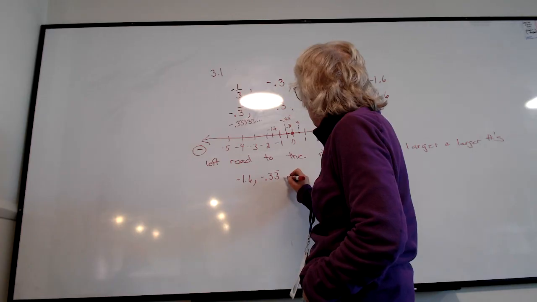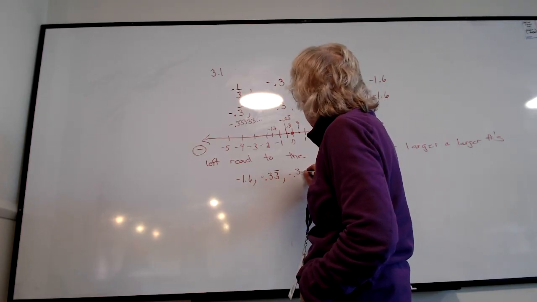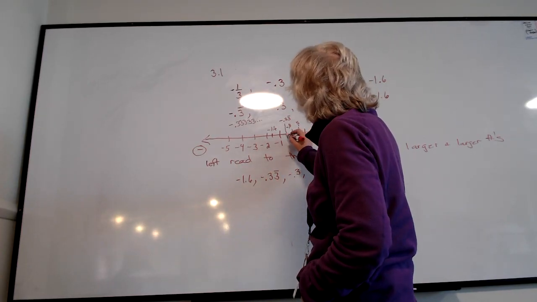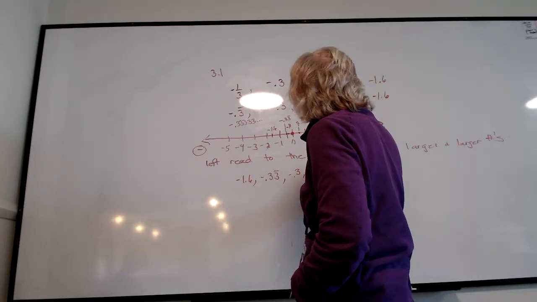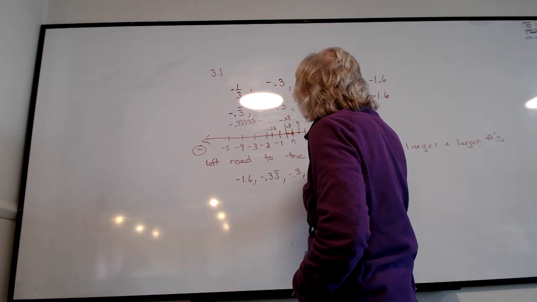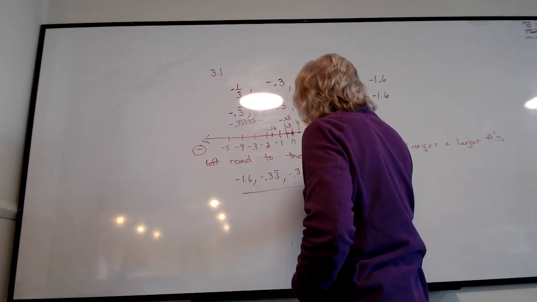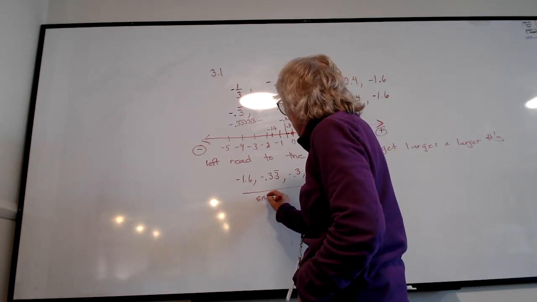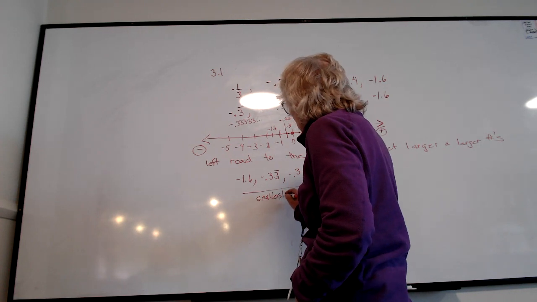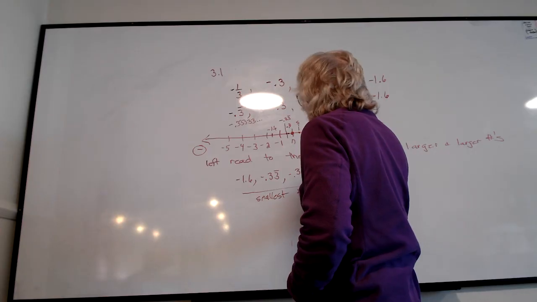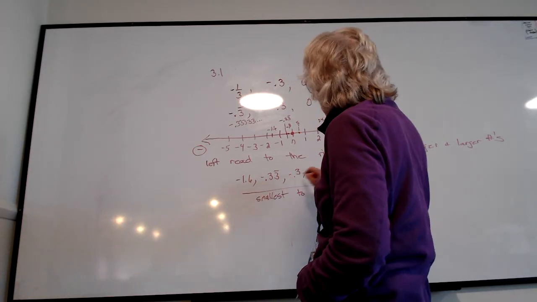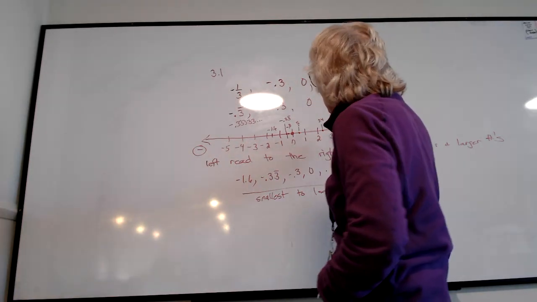So now if I were to write these from smallest to largest, it would be negative 1.6, negative 0.33, negative 0.3, 0 right here, 0.5, and 2.4. So this is going from smallest to largest, because we're reading from left to right, and we read that right off the number line.